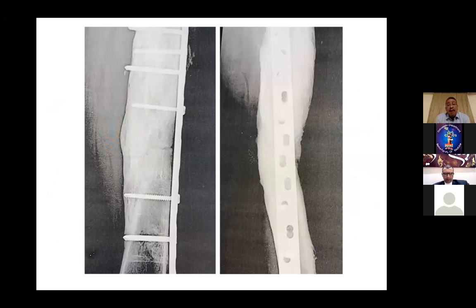This is an example to understand it. Here, although it is a simple fracture, it was a revision after failed fixation. 2 holes were left, or 3 holes were left opposite the fracture zone. This will give some flexibility, and healing took place by callus formation, although it was a simple fracture.